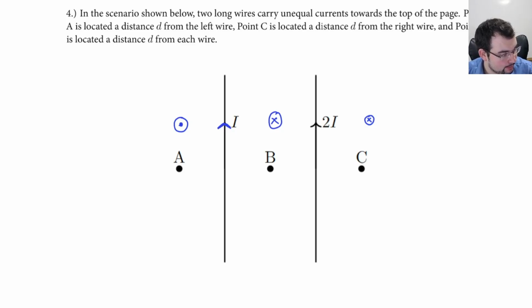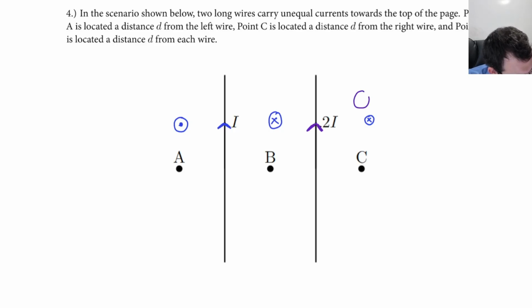Okay. Now let's do our other wire. So our other wire, our 2I, it's a current 2I, so it's going to be bigger. So for direction, we see that it's going to point at me to the left and away from me to the right. So we'll go right to left this time. So since it's 2I, I'm actually going to draw sort of 2 contributions there each time now. So we actually know this is going to be into the page, we said.